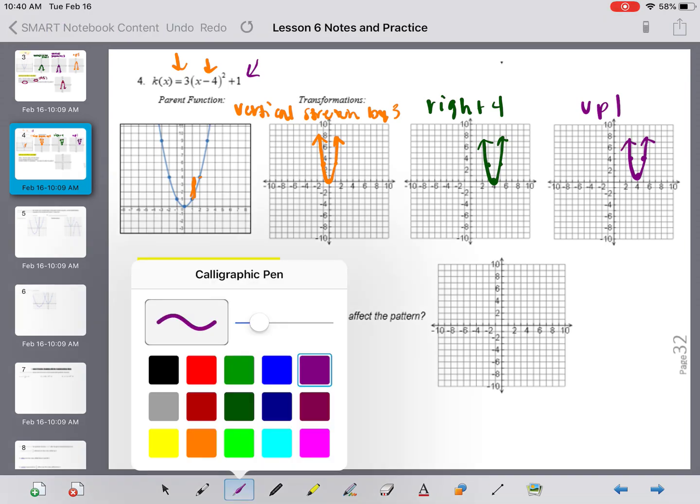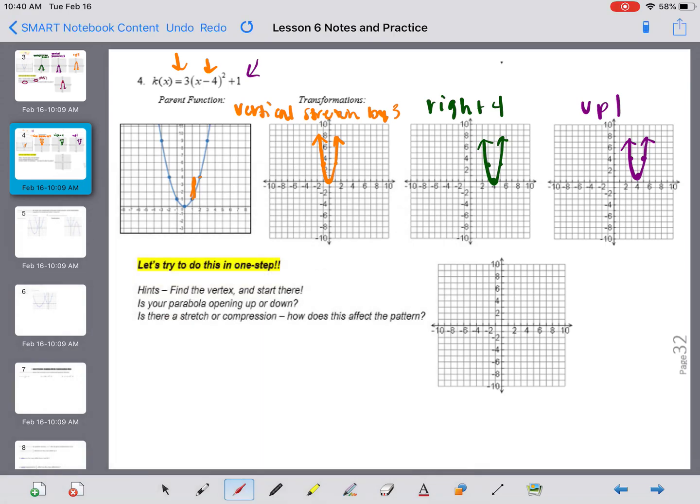So again, to do this in one step, plot your vertex first. Our vertex is 4, 1. It's opening up because there's no reflection, and we have a vertical stretch, meaning that counting distance is increased or multiplied. So normally we go up 1, right 1, but 1 times 3 is 3.